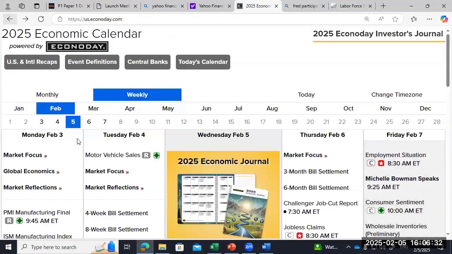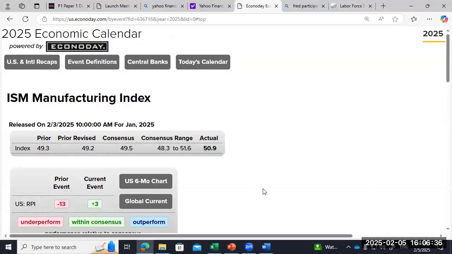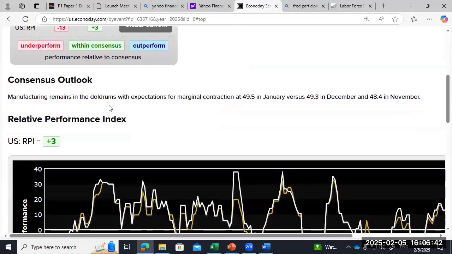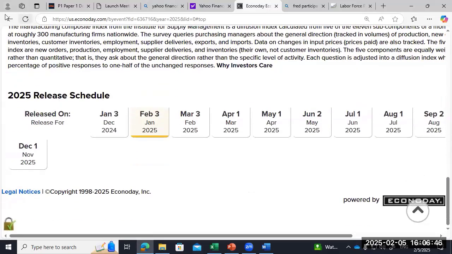They'll also show you the ISM. If you're going to look at the ISM, it came out really, really strong. They do give some graphs sometimes that are kind of interesting.